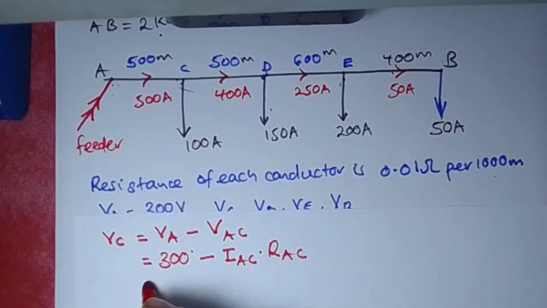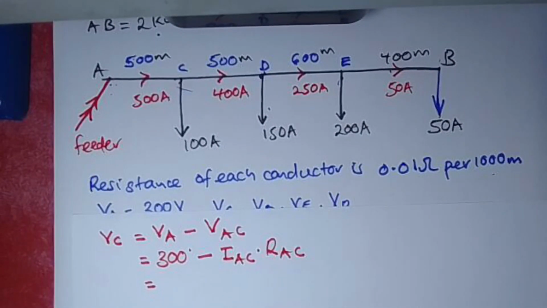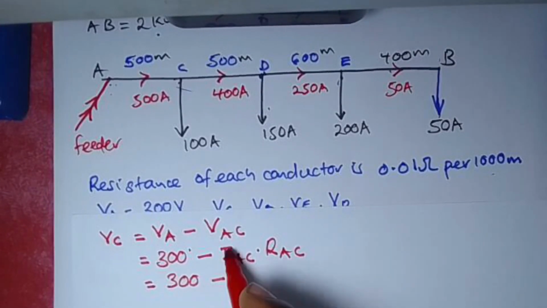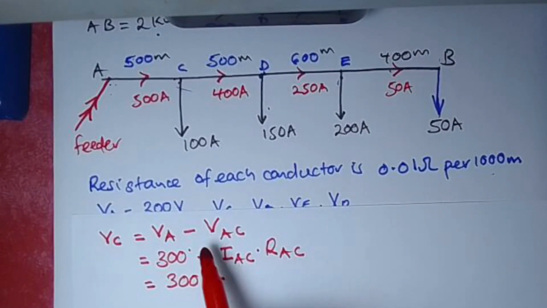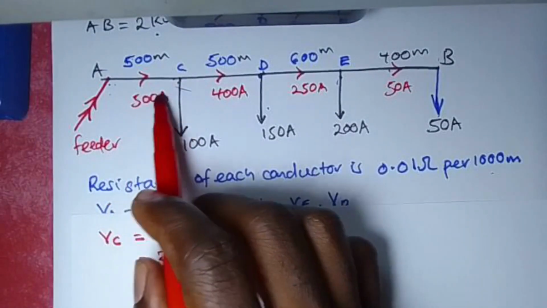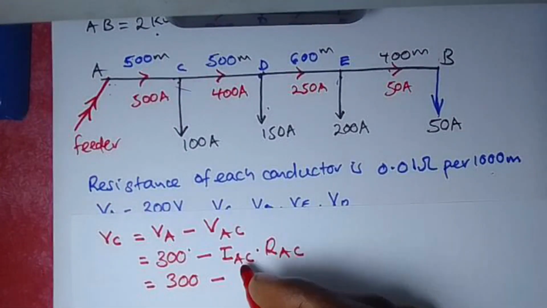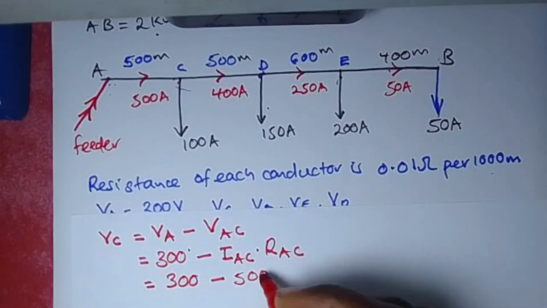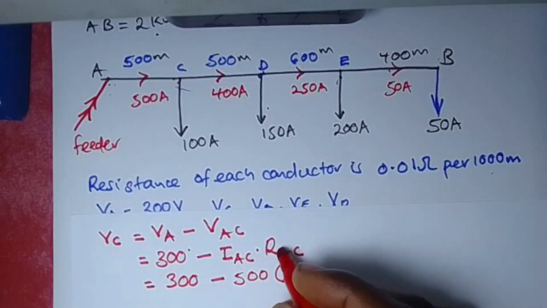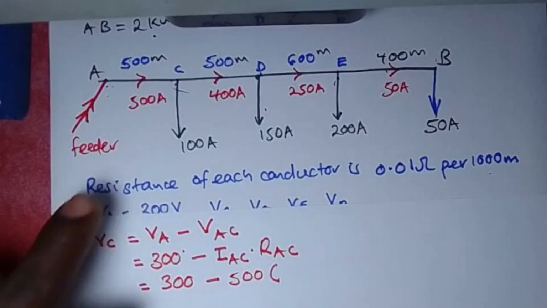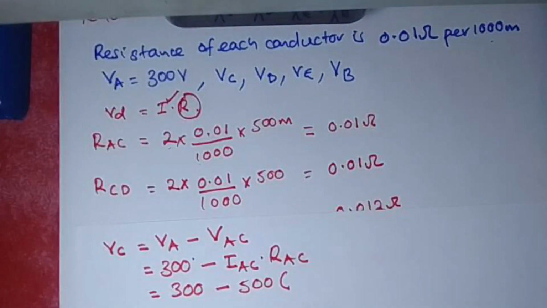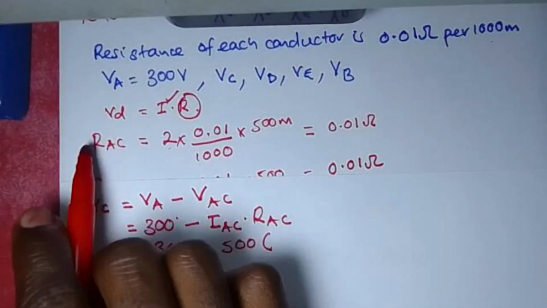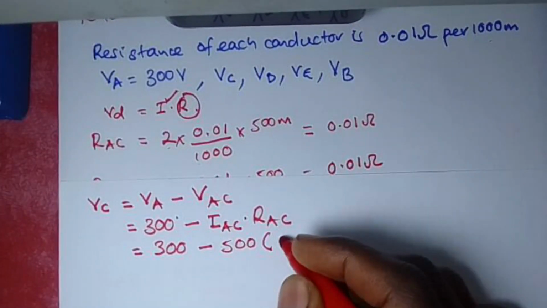So using that, we can calculate for that voltage, and we shall say this is going to be equal to 300 minus the current flowing through that section, which is this current we have calculated, 500 amps. So minus 500 times the resistance across that section. Now the resistance across that section is what we have calculated here, the first value of resistance, which is 0.01.